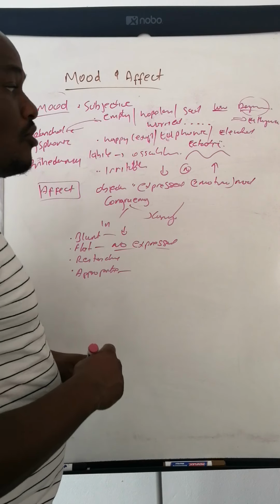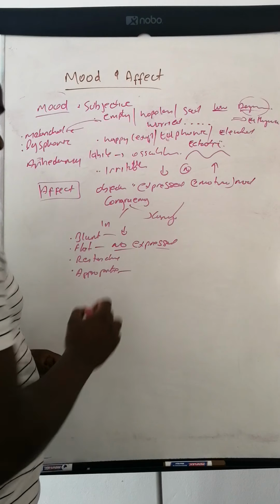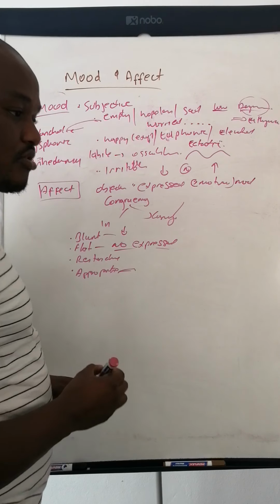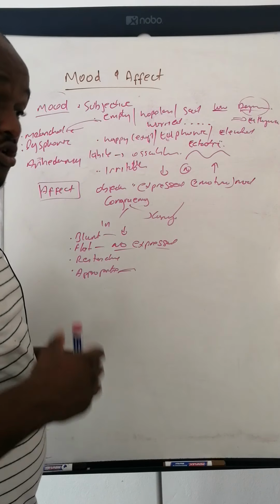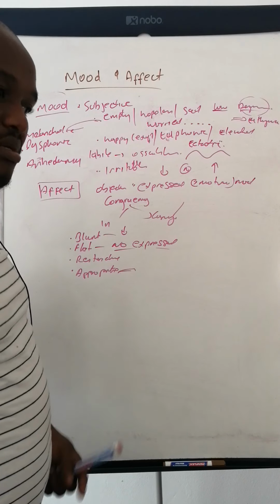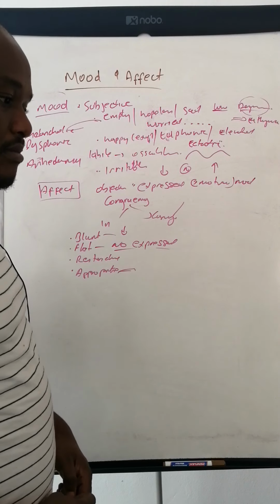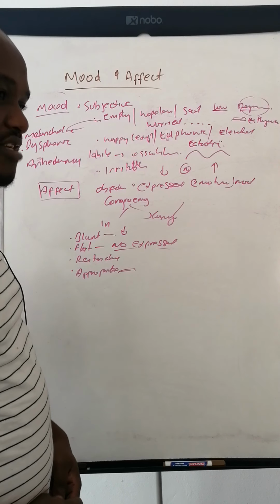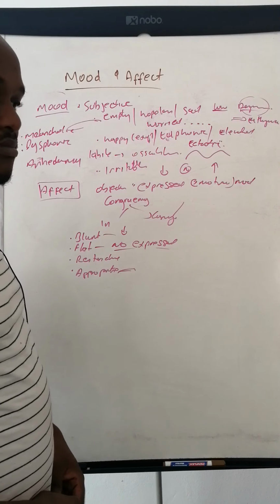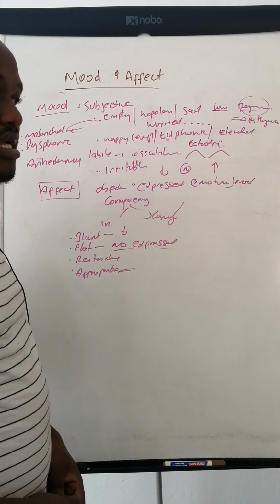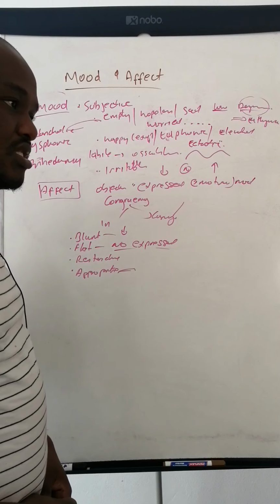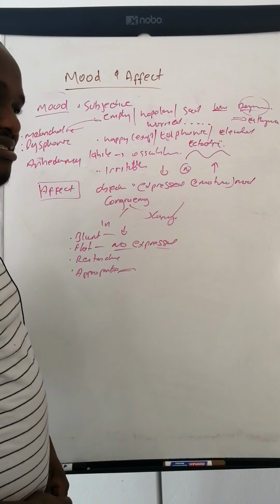So the mood and the affect can be appropriate. I say I'm depressed, and then when you look at me, I look depressed. It's like someone who says I'm a beggar, I don't have anything, I've not eaten for days, and then they come to you driving a BMW, wearing a nice suit. Then that's not congruent.